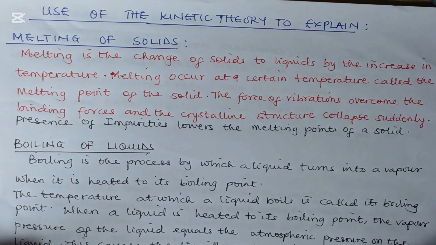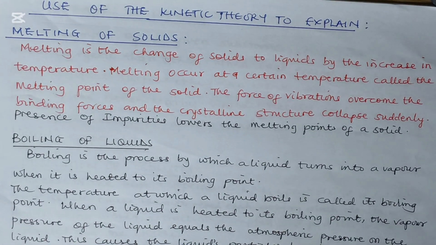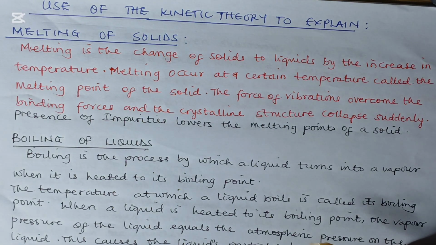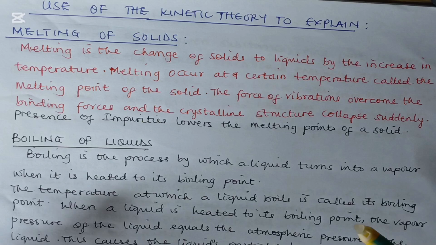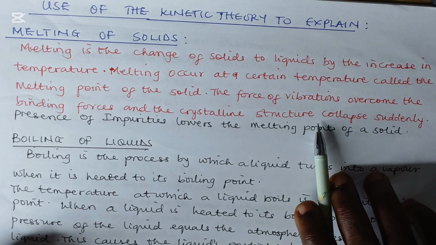Now, using the kinetic theory to explain how melting takes place. Melting usually takes place in solids. A solid changes state from solid to liquid whenever there is an increase in temperature. When there is an increase in temperature, the force holding the particles of solid together breaks, and then the particles begin to move.